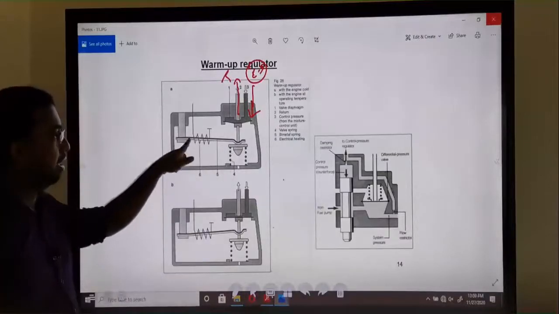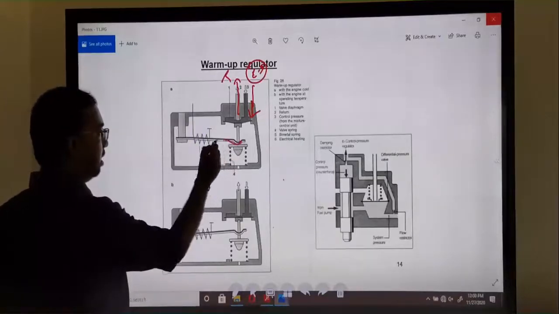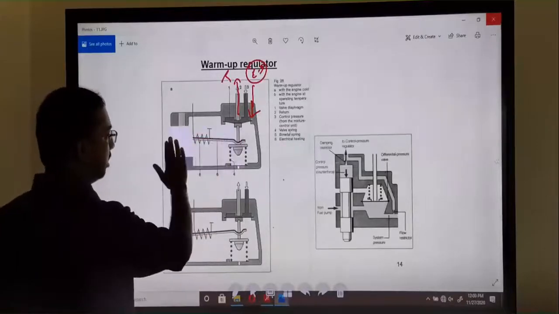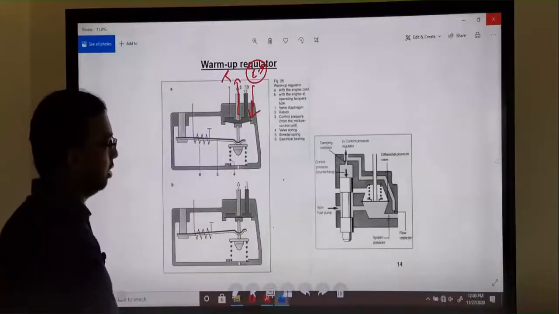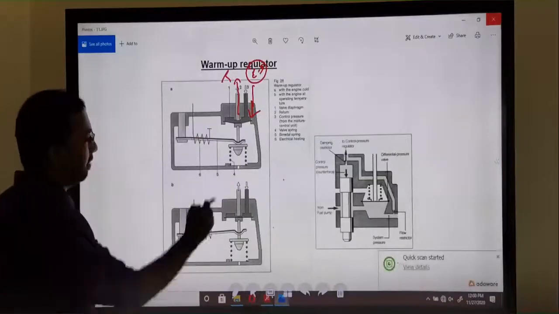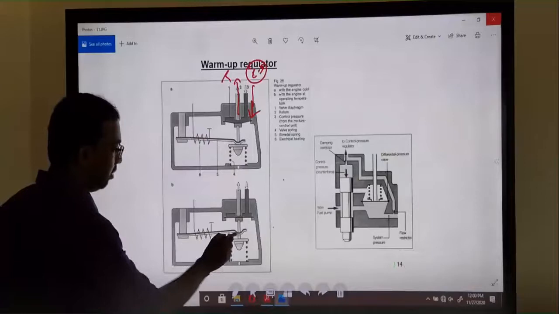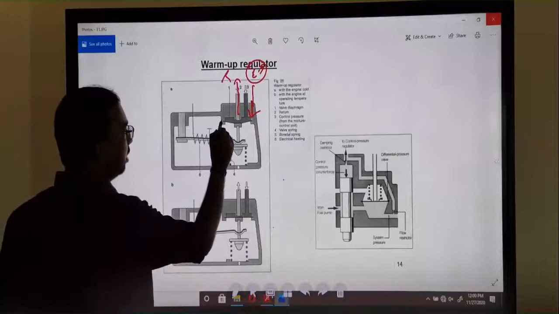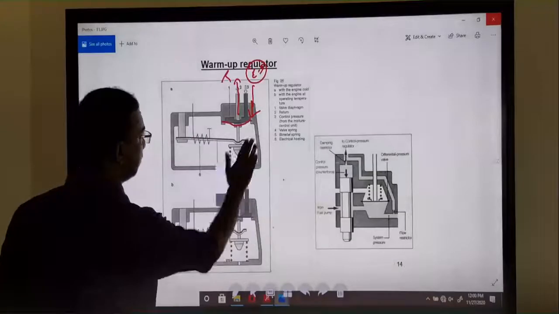When this is electrically heated, what will happen? There is a metal here, and this metal bends like this. In the normal condition, this touches the valve spring set, but when heated, it bends or twists like this. So because of that, this diaphragm comes like this.